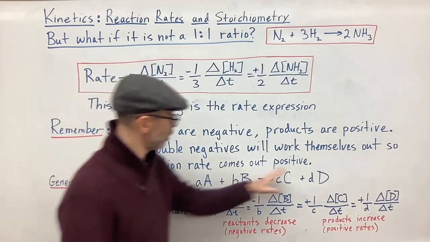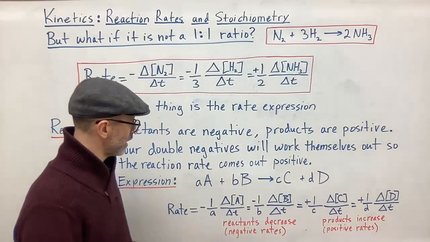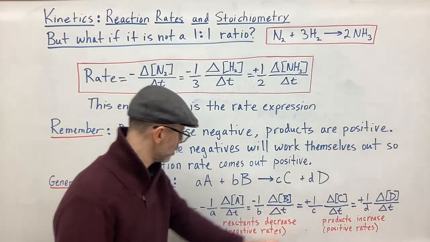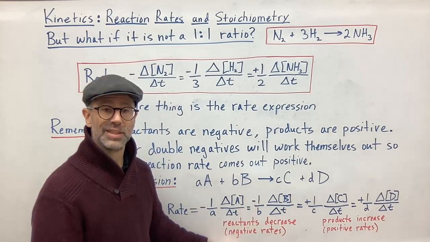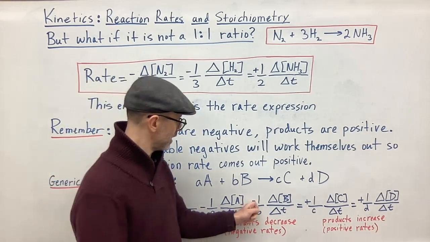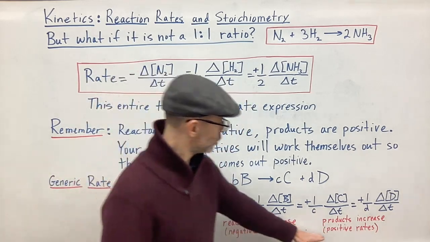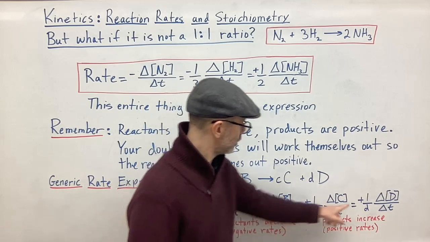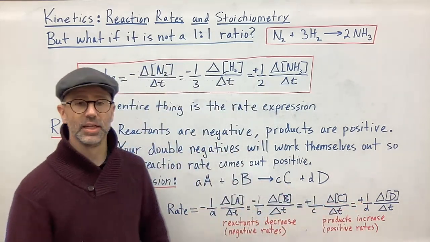And so this is what you have for the generic reaction rate expression. Again, here I have written that reactants decrease, so it's going to be a negative rate. That's why you have the negatives there. And products are increasing over time, so you should have a positive value. So these are going to be positive and these are going to be negative.